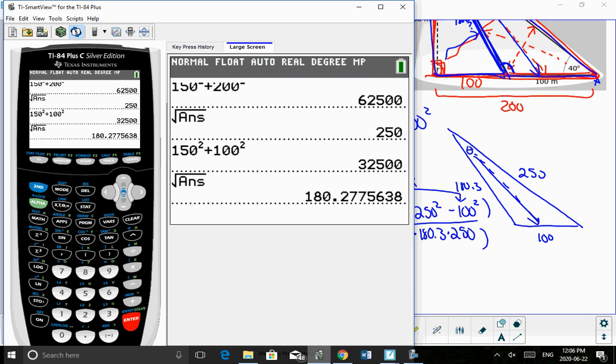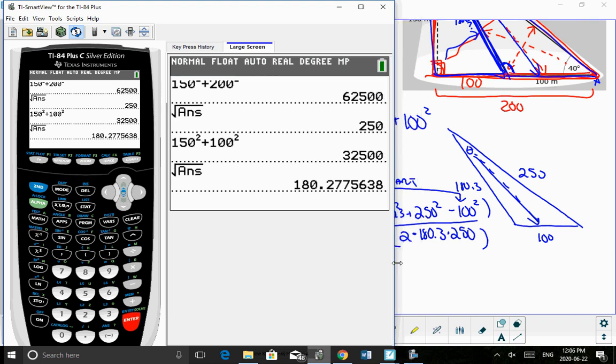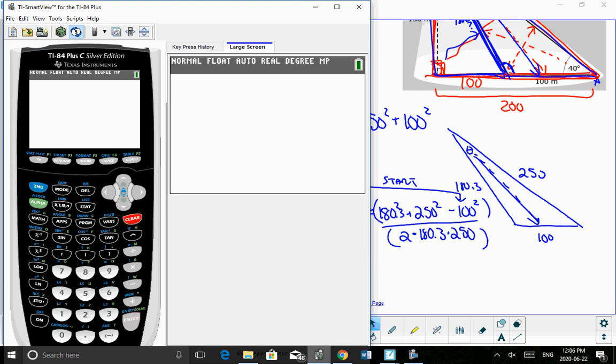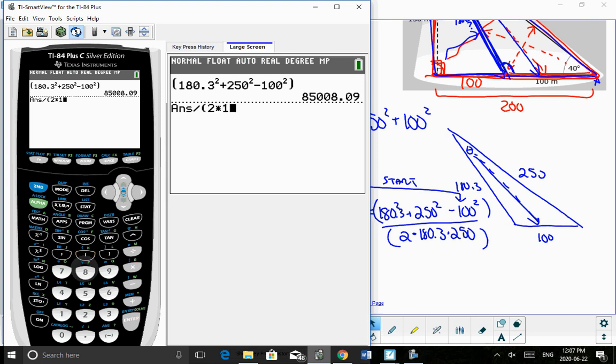I'm just going to make that a little smaller so I can see what I'm doing here. So I've got 180, whoops, I need brackets. So 180.3 squared plus 250 squared minus 100 squared. Finish off that bracket and then divide by bracket 2 times 180.3 times 250.